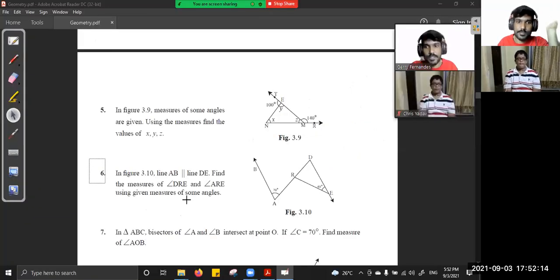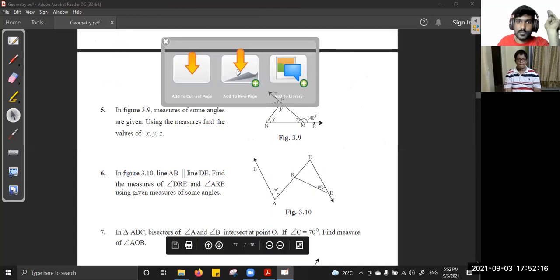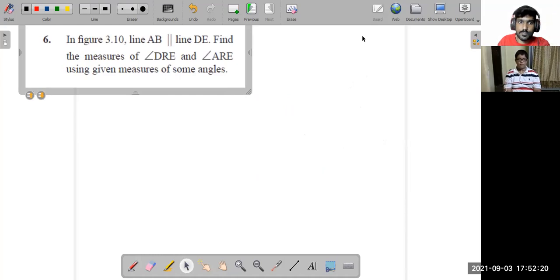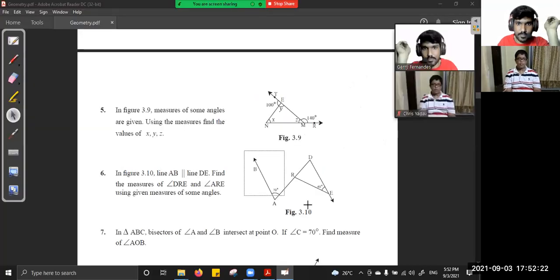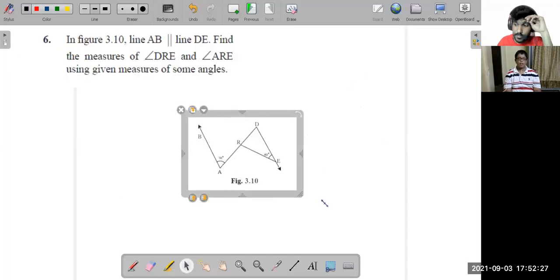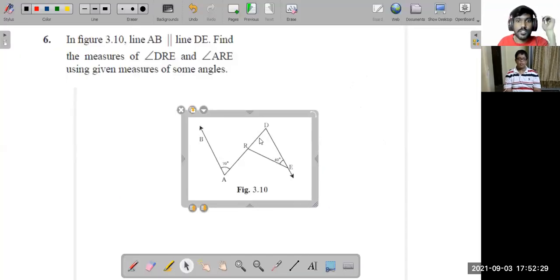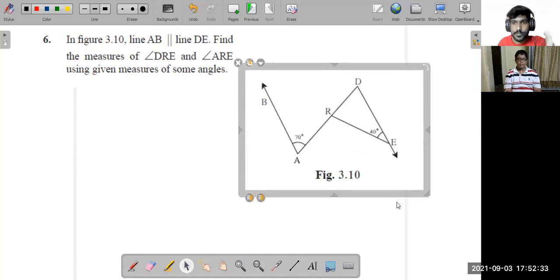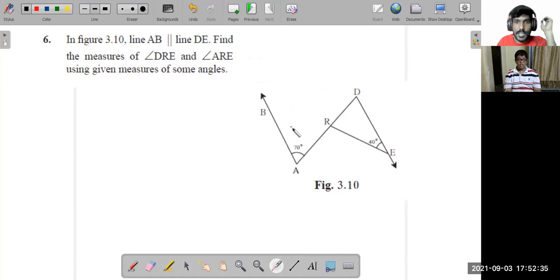We'll do the sixth one. Okay. The sixth one says, in this figure, line AB is parallel to DE.